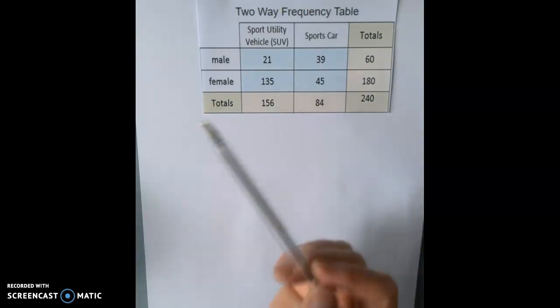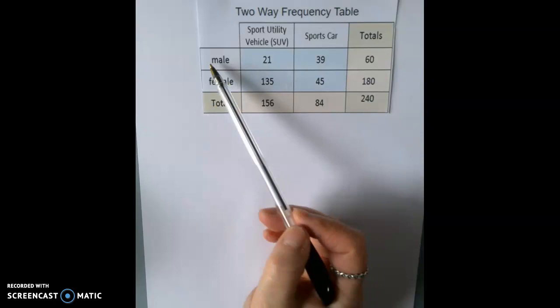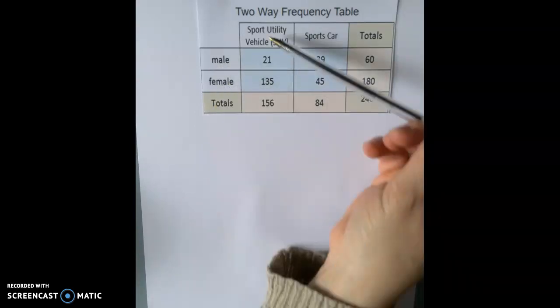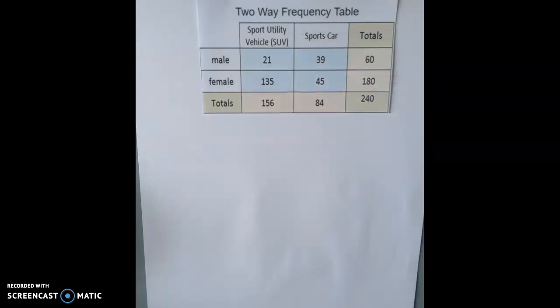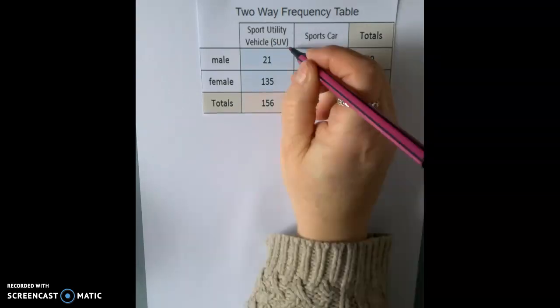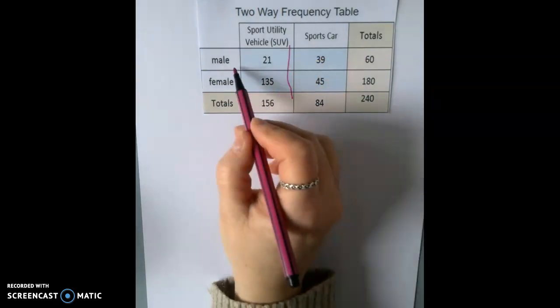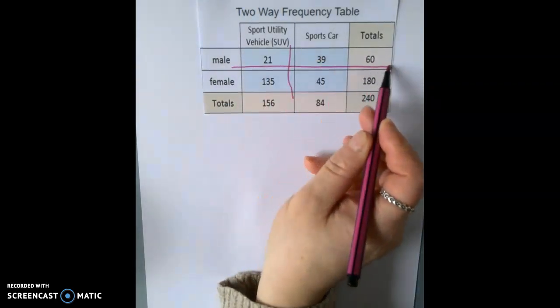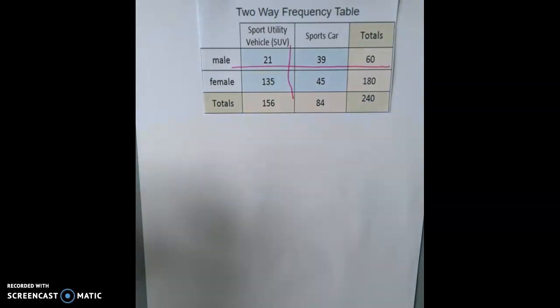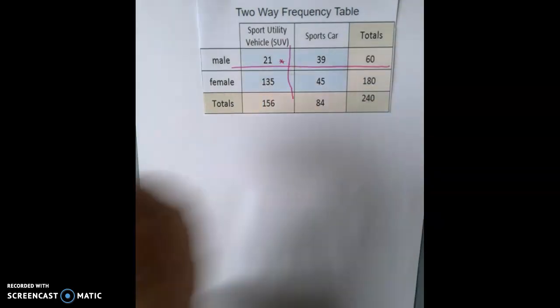The intersection is basically where the column and the row cross each other. So we're looking for SUVs, so this is the column here, and we're looking for males, so this is the row here. We can see that they cross at this point here.